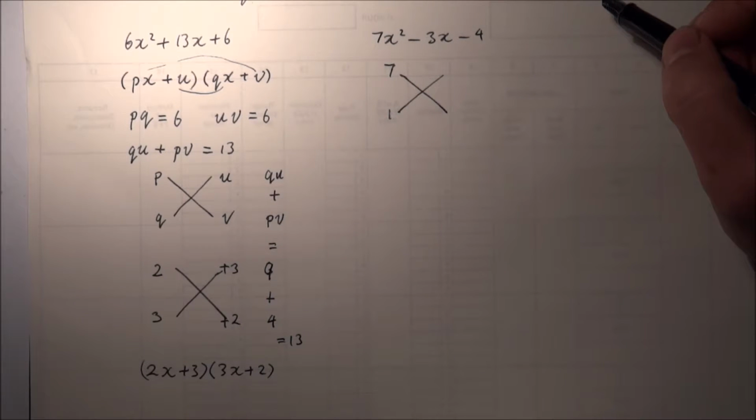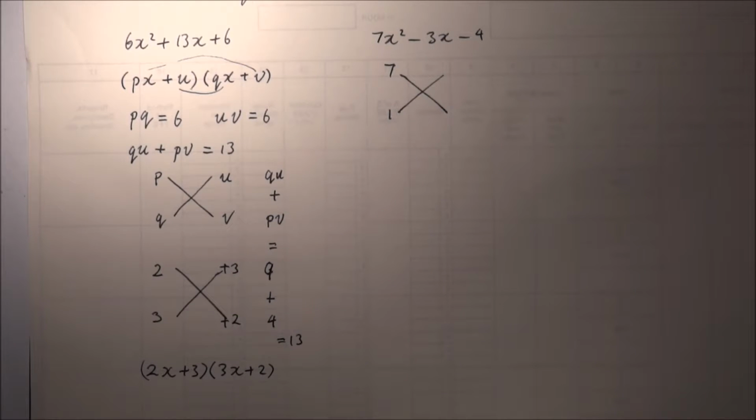So in this case, what are the factors of negative 4? They can be either negative or positive, so things like 1, 2, and 4.